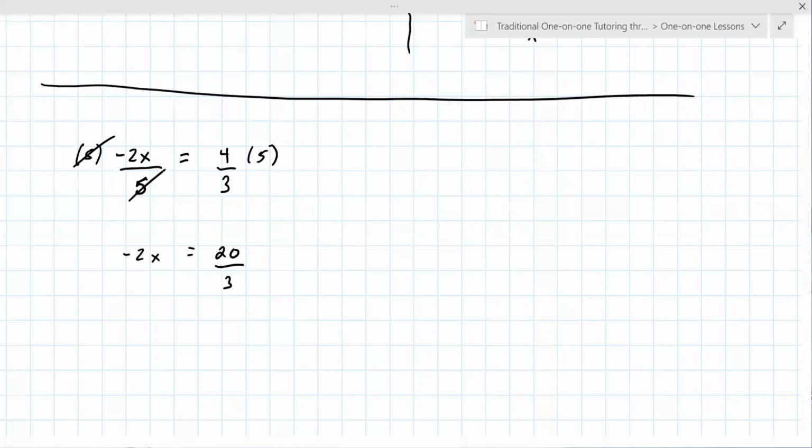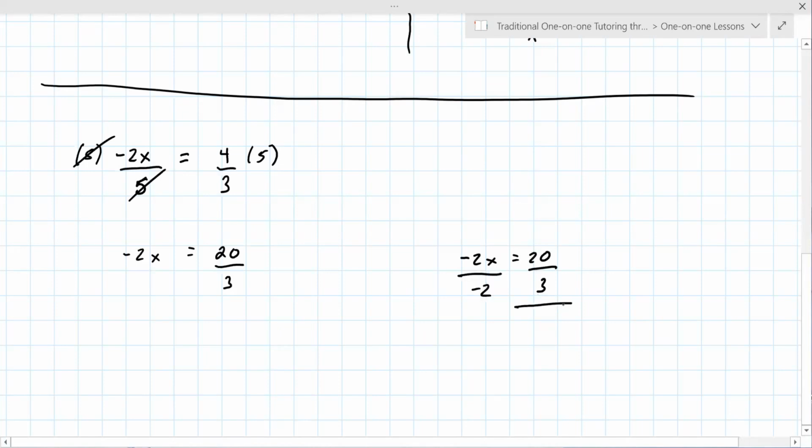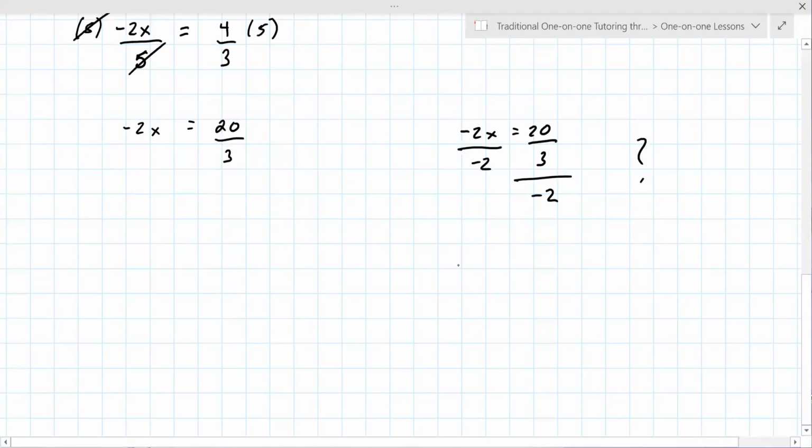-2x equals 20/3. So this is where it gets weird, because let's just say you wanted to divide by -2. Do you know how to interpret this on the right? I don't, maybe. So now let's look at another possibility.